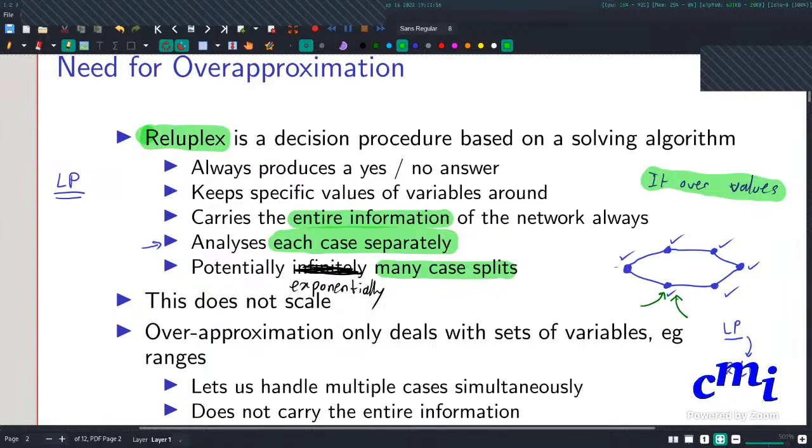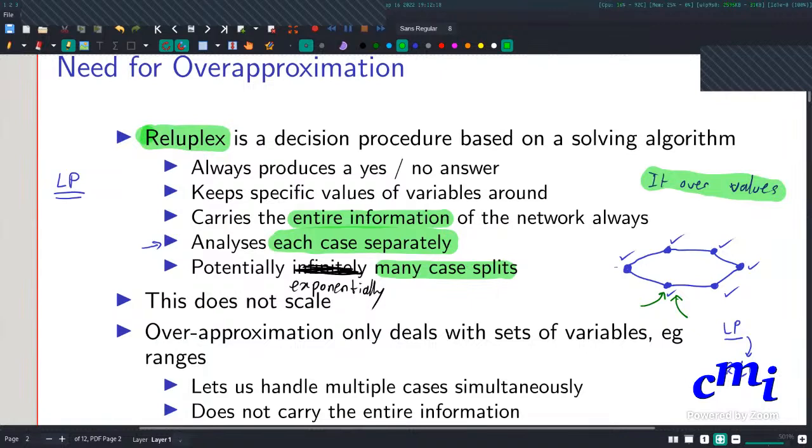Yeah, if there is some confusion about over approximation: the LP instance that you start with in ReluPlex before you do the case split is an over approximation because it assumes there's no relationship, the max relationship between these two, forward and backward node, it throws away.